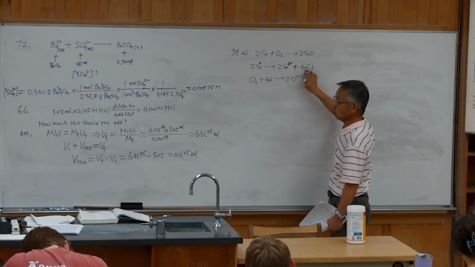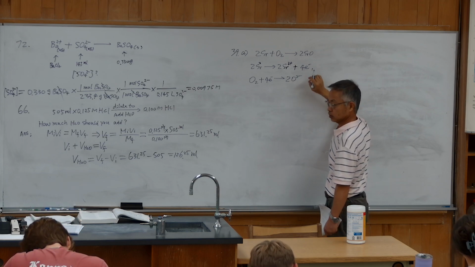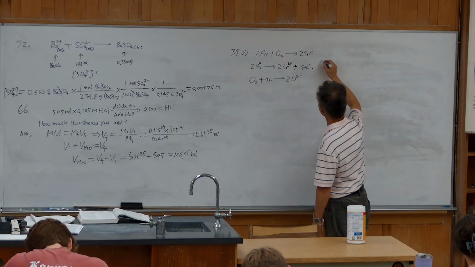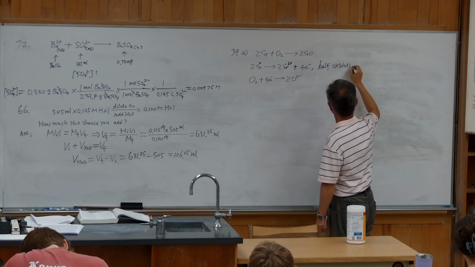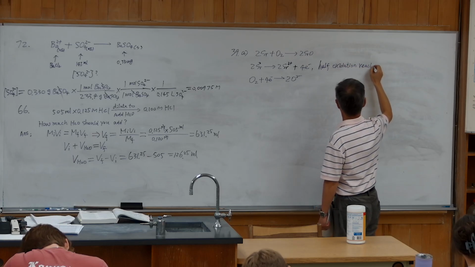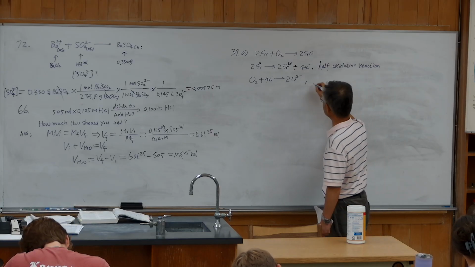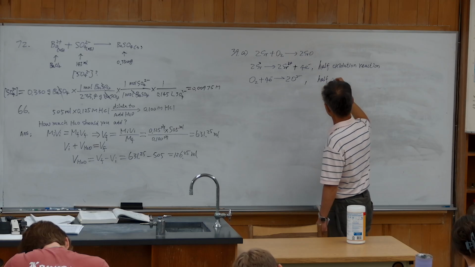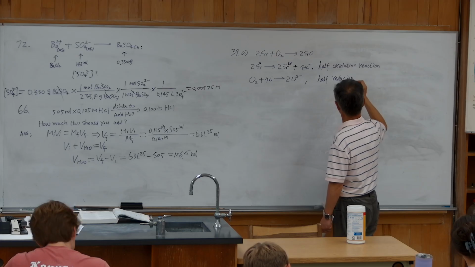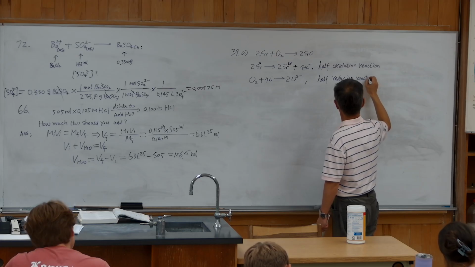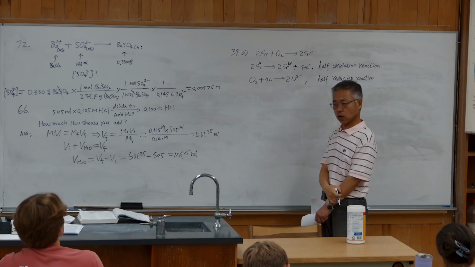The half reaction that loses electrons we call the oxidation half reaction. The one that gains electrons, we call the reduction reaction. Then which one is the oxidizing agent?